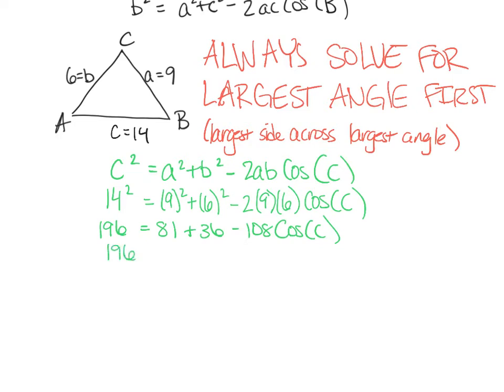So 196 is equal to 117 minus 108 cosine of C.